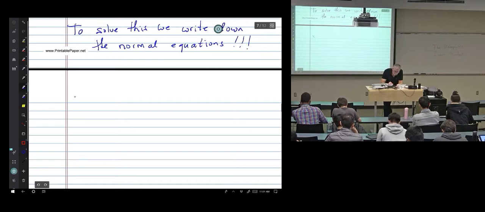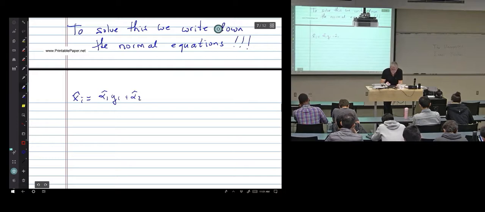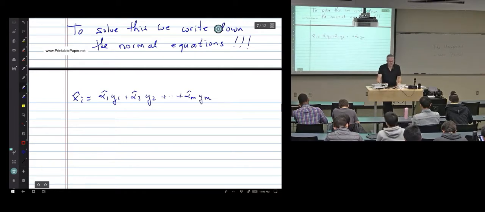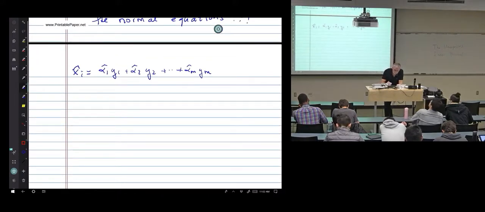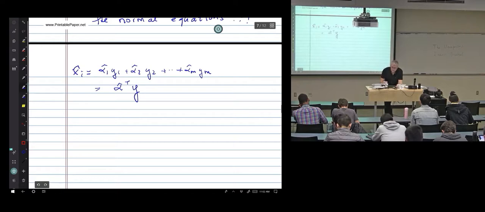Okay, so I'm going to have x hat i equals alpha 1 hat times y1 plus alpha 2 hat times y2 plus alpha m hat times ym. So that equals alpha hat transpose times the vector y, where alpha hat, I just stack up my components.